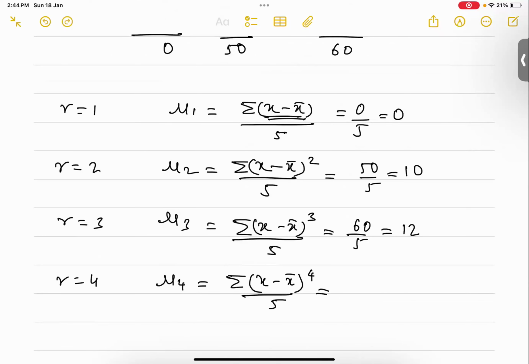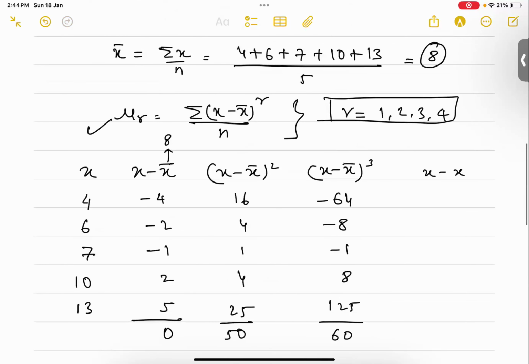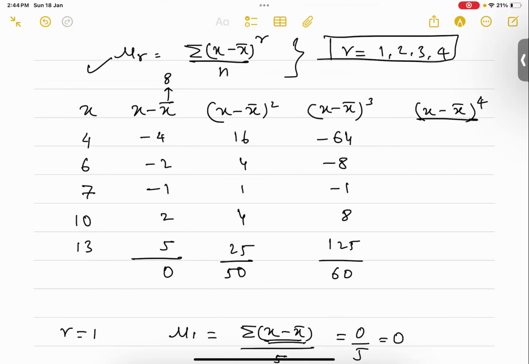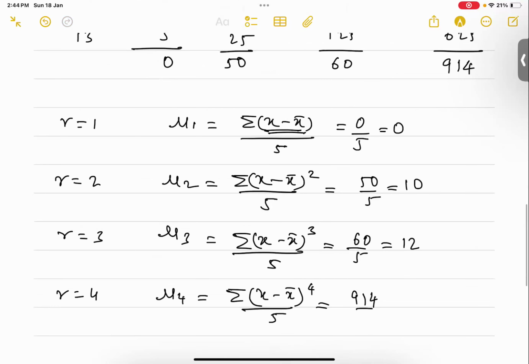Now, a few things you need to understand. Why are these called central moments? Because they are calculated as the deviation. Deviation means difference from the mean. So they are called central moments.